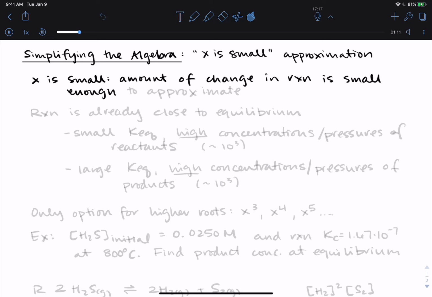Obviously, we're going to set out some criteria for this. If x is small enough to approximate, that means the reaction is already close to equilibrium.